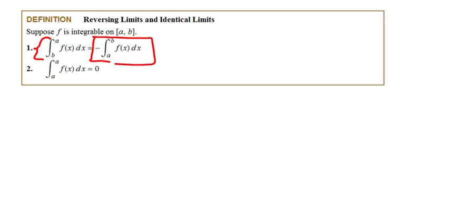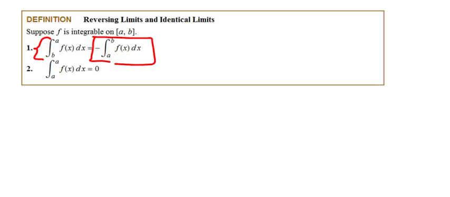So we make sure the bounds are going from lower to upper, left to right on the number line. And then if we have a second one here that says the bounds are from A to A, it's 0. We went nowhere. We have no area on the graph to calculate under. So that makes sense. It's 0.